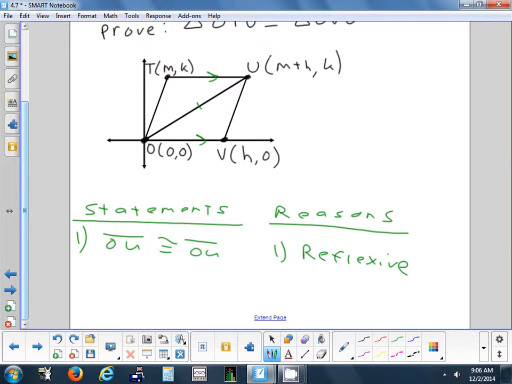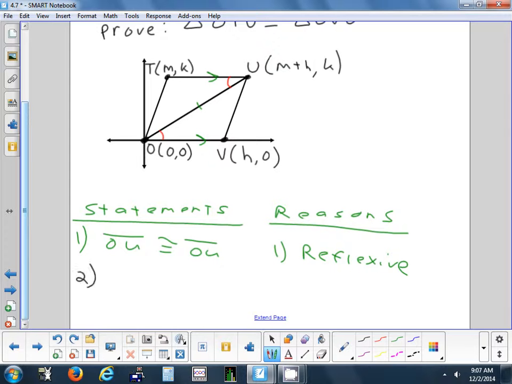Are there any angles there that would be congruent? Which ones? TUO and UOV, yes. Two parallel lines cut by a transversal, so alternate interior angles are congruent.